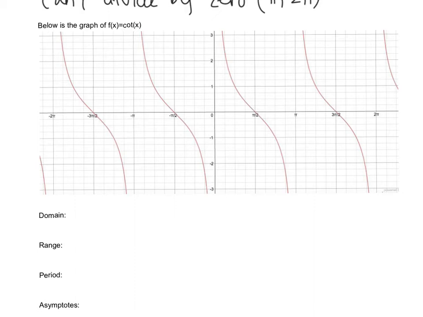First we start with the domain. We're going to have all real numbers except this time we're going to exclude the multiples of pi.